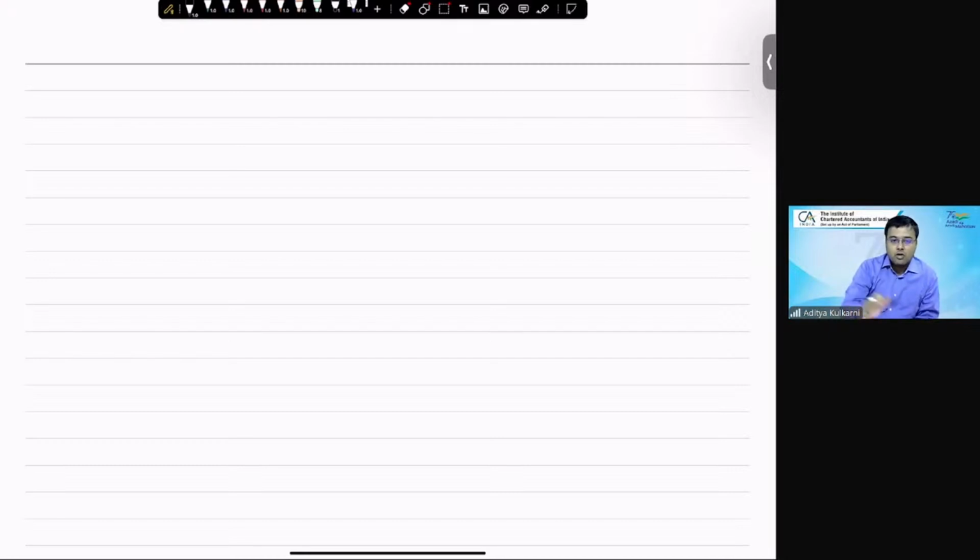So the same thing applies in government grants also. You can recognize the grant as receivable even if you have only met the conditions, even if you are confident of meeting the conditions. You can recognize it. So the onus in this case is upon whom?